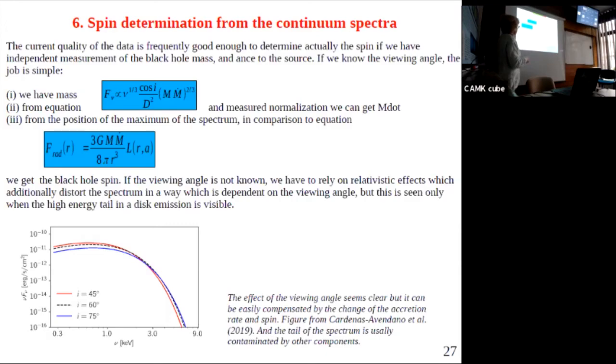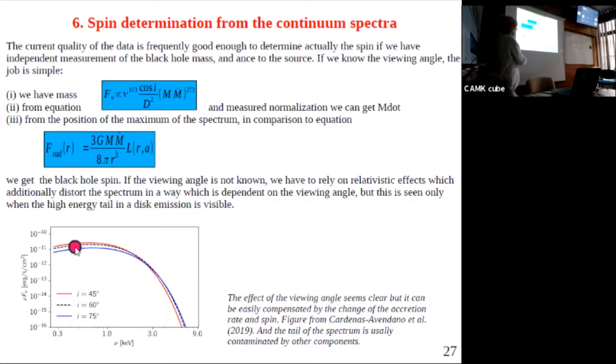On the other hand, if you don't have independent knowledge, for example, of the viewing angle, then the problem becomes more complicated, because this is an example of a few spectra for different viewing angles. So here the normalization changes. But if you don't know the viewing angle, then you can model that by changing the accretion rate.